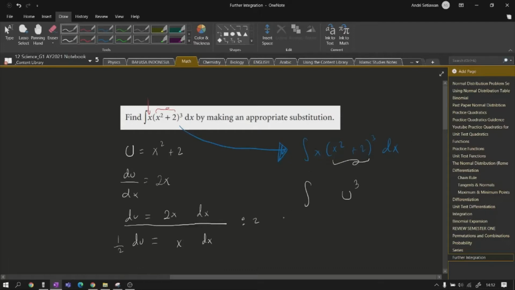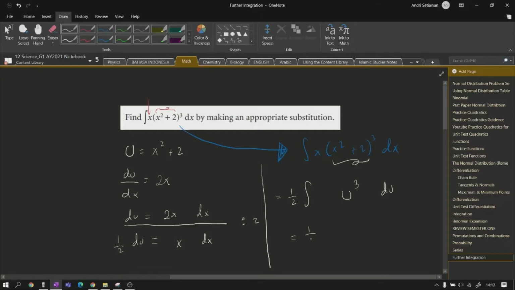We found x dx in the previous step: x dx is half du. So we can put du in the last term, and half in front of the integral. You can put half after the integral or before the integral, it's okay.